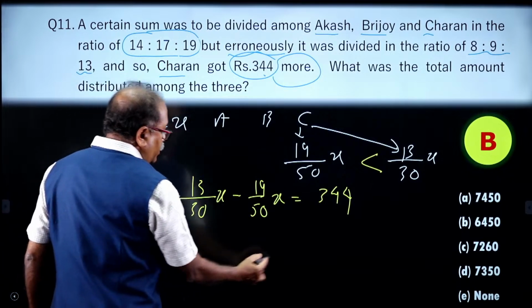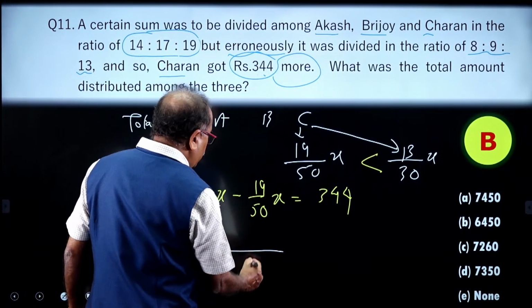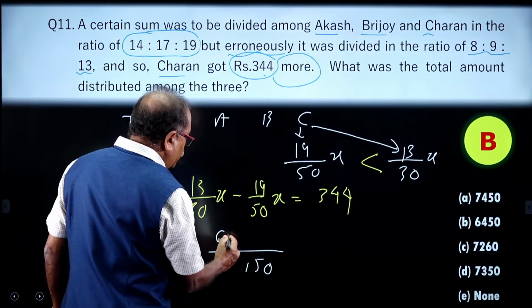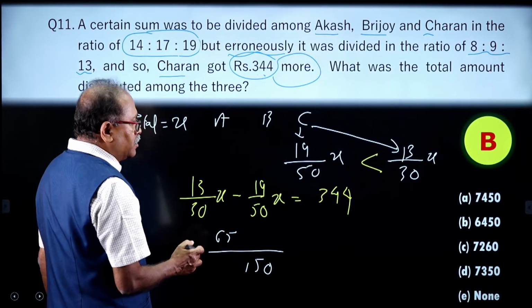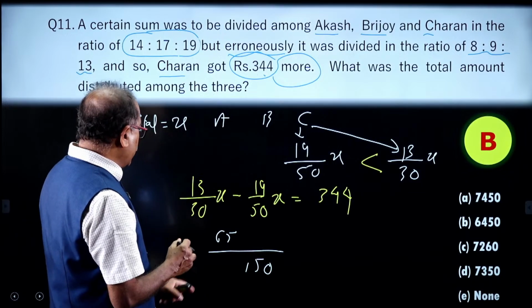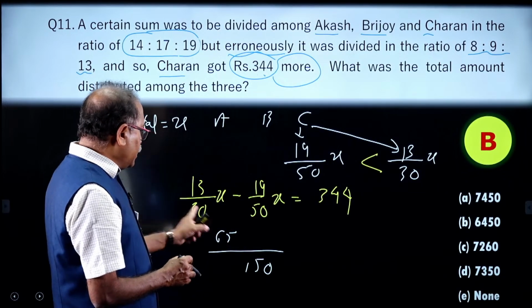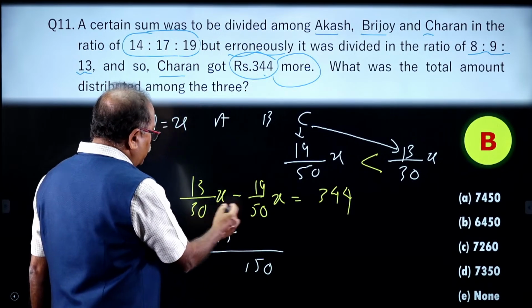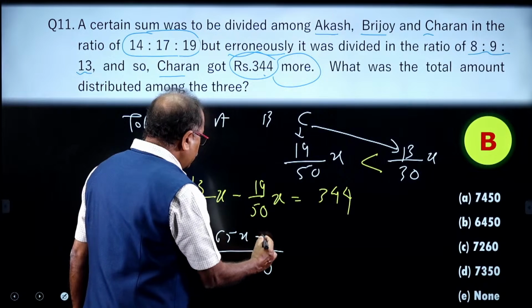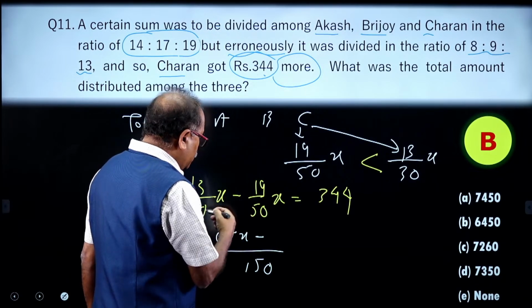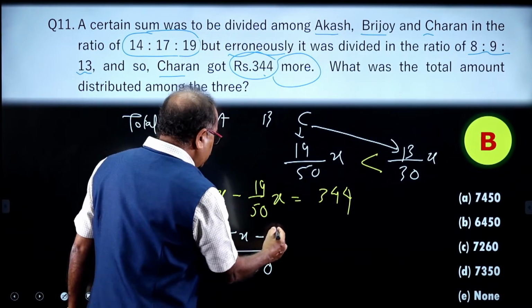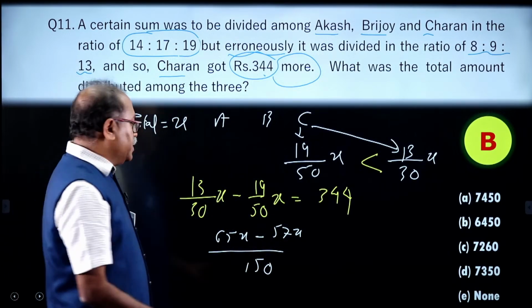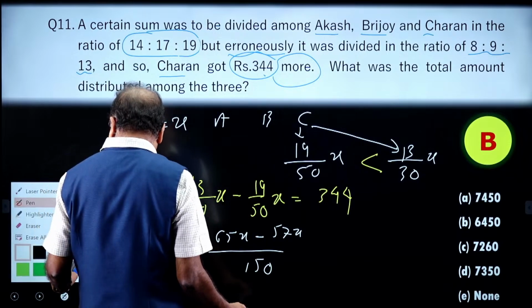Now, how do I do it? I will be taking the LCM, which is 150, and then 13 times 5 is 65. 5 times 13 is 65. And from here 3 times, so that is 19 times 3 is 57. What is the difference? 8x is the difference here. So let's write down this part.